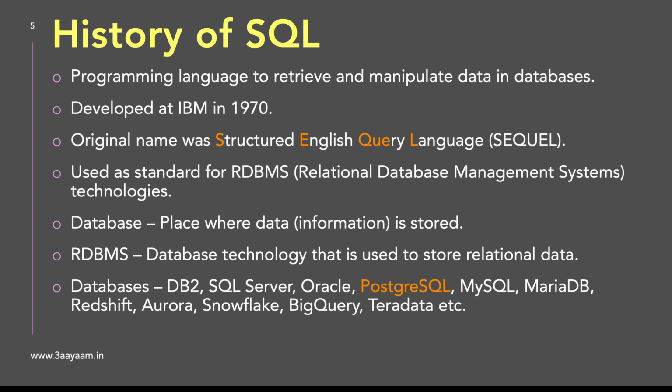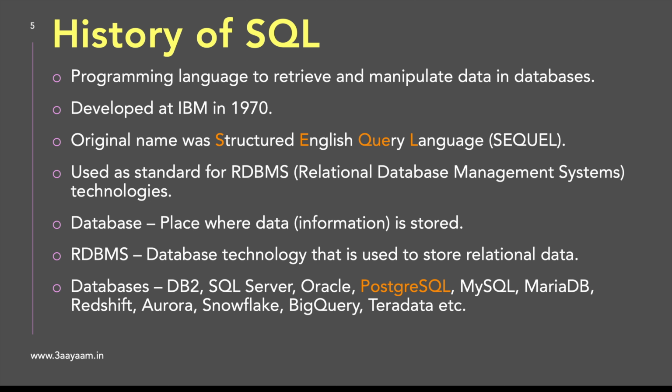And some examples of relational databases are DB2, which is a product from IBM itself. Then from Microsoft, we have SQL Server. Then you have Oracle, which is the most famous relational database till date. Now, these three are commercial databases, and you have to pay hefty license cost to acquire them.